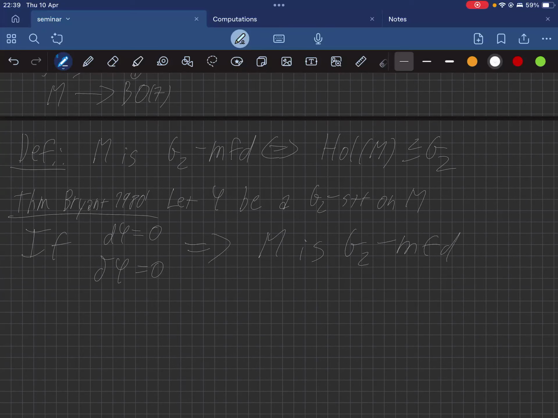So essentially the problem of finding a metric with nice holonomy reduces to finding a nice G2 structure, and by nice we mean closed and co-closed.